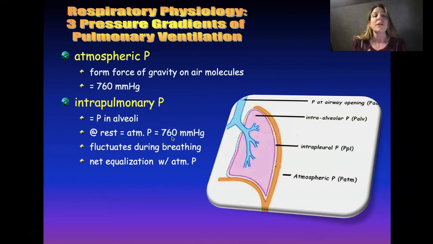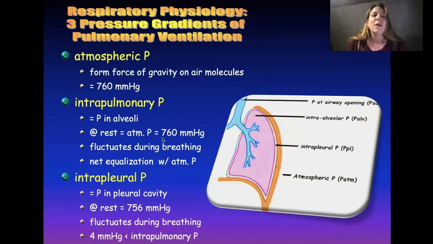Now, this of course can fluctuate during breathing, but overall the net effect is that eventually the pressure inside the alveoli will be equal to that of the atmospheric pressure, 760 millimeters of mercury. Now, recall that outside of the lungs is a cavity called the intrapleural cavity.